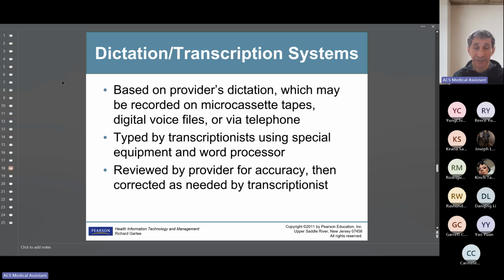Because we have paper base and we were very busy, so we tape it, we record it, and then we give it to a transcriptionist. That transcriptionist is going to type it or write it down in the system.